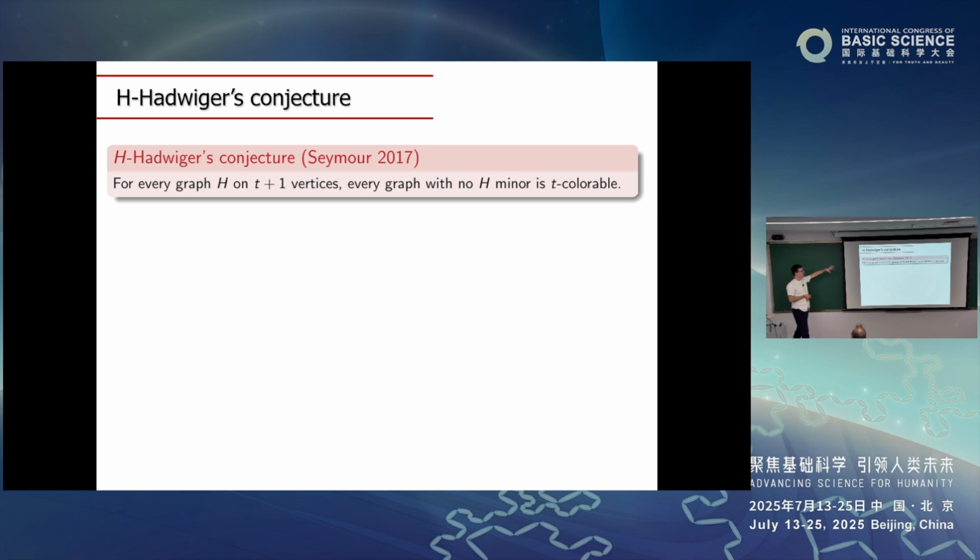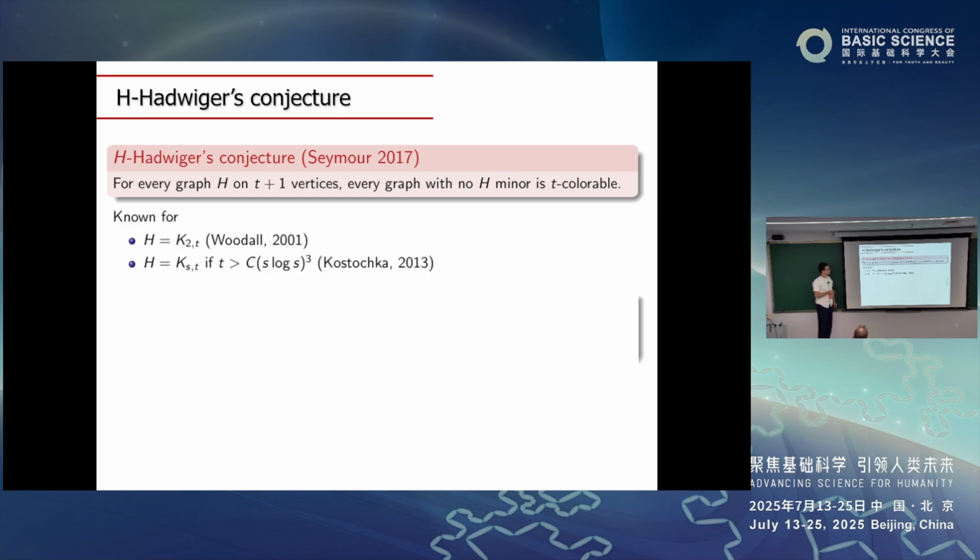So for which graphs H can this be proved? And there were some results already. For complete bipartite graphs where one side has size 2, it was proved by Rolek. When one side is significantly larger than the other side, it was proved by Kostochka.